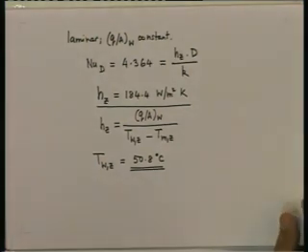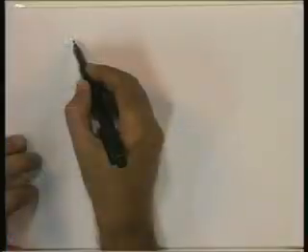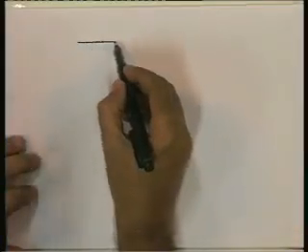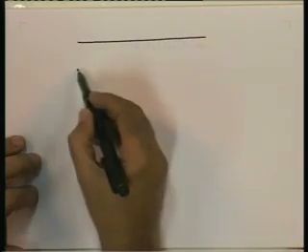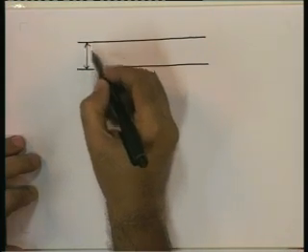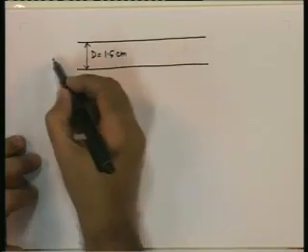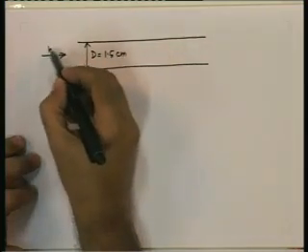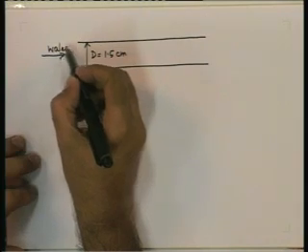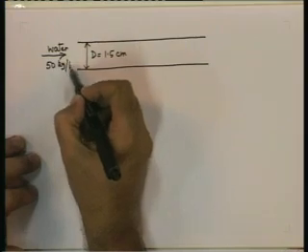Now let us look at some other problem, slightly different. Let us modify the situation. Let us say we have a very similar tube, in fact a very similar situation, same diameter, water flowing at 50 kg per hour.